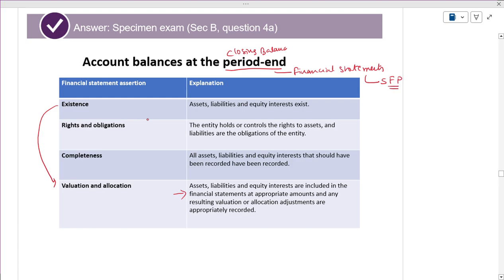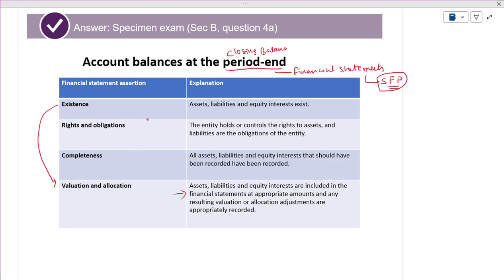In the income statement, profit and loss account, we do not have any account balances. We will have balances in the statement of financial position, the balance sheet. That is existence, in terms of assets, liabilities and equity.